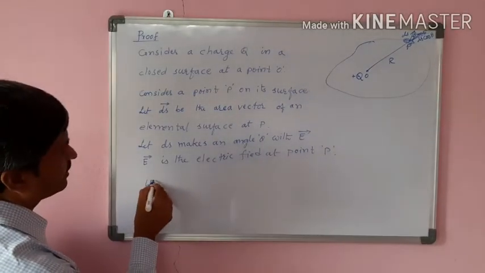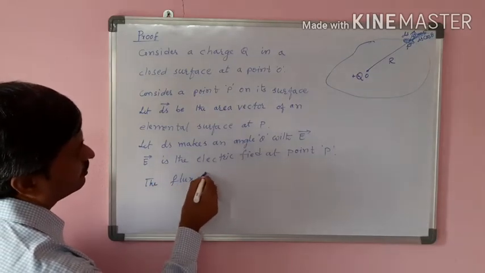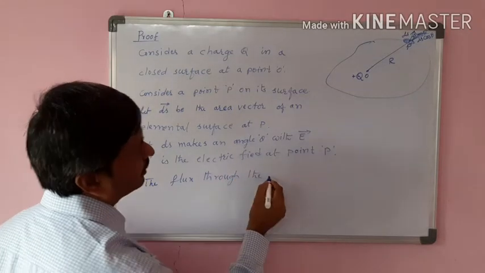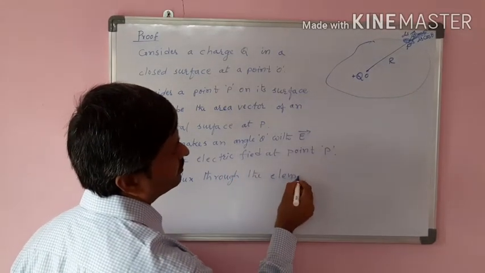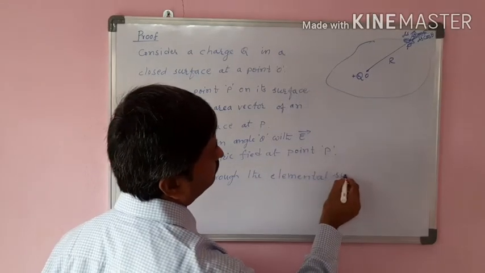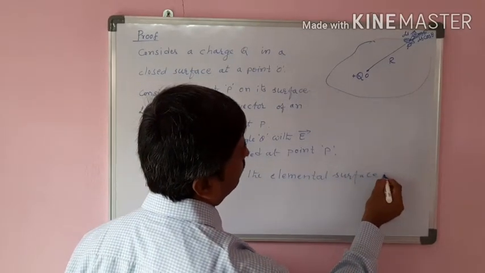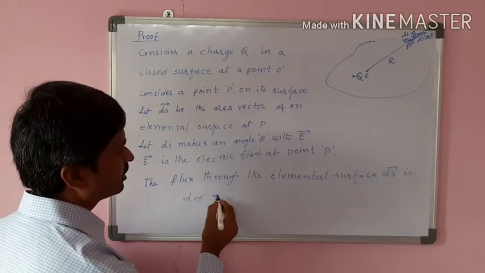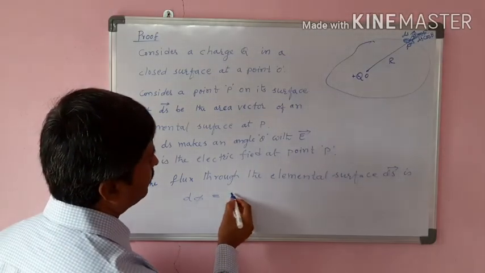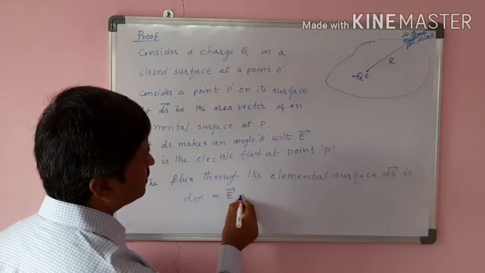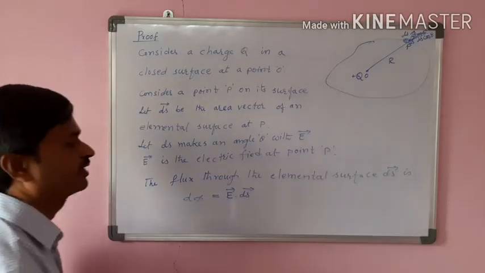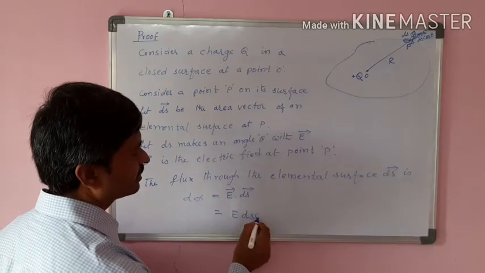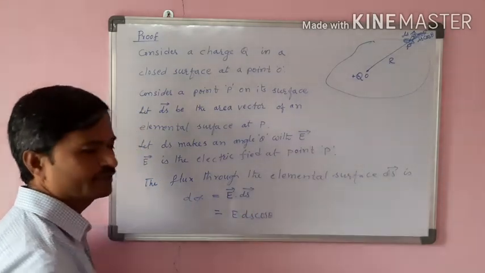So the flux through the elemental surface ds bar is d phi is equal to E dot ds bar, that is equal to E ds cos theta. A dot b is equal to ab cos theta.